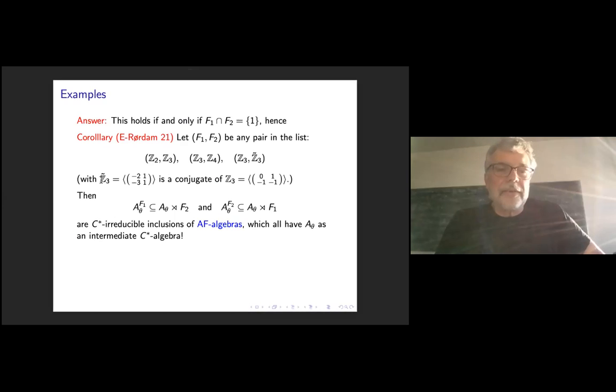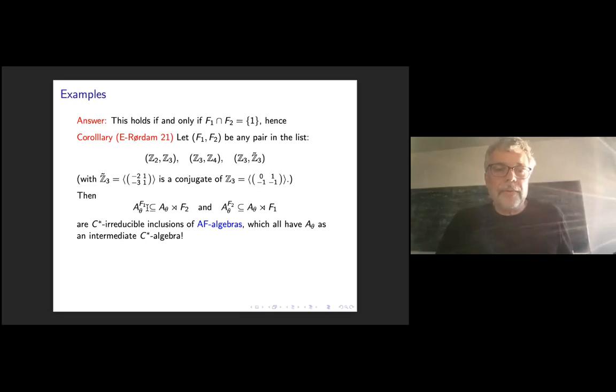So I take, for instance, Z3 tilde to be the group generated by this element, which is a conjugate of this element. So it also generates a group of order three. Then, of course, it's easy to see that the intersections are trivial.